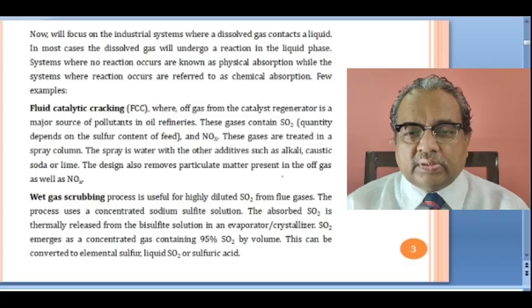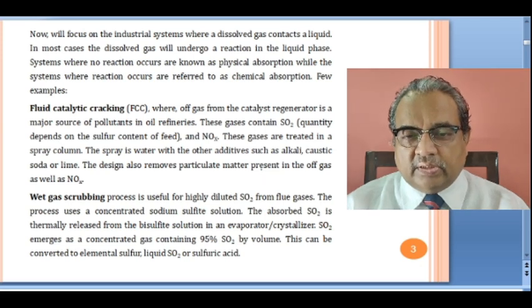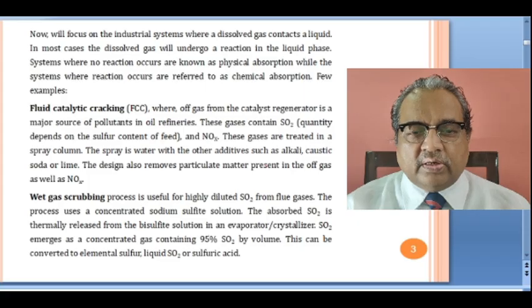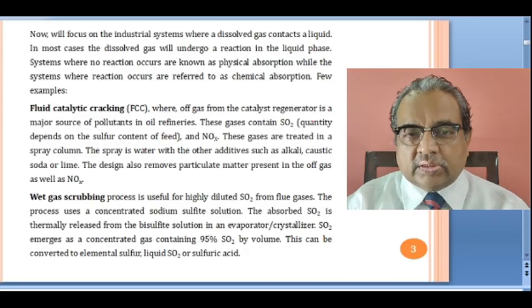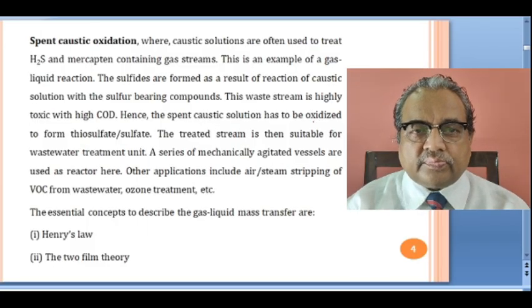The absorbed sulfur dioxide is thermally released from the bisulfate solution in an evaporator or crystallizer. This sulfur dioxide emerges as a concentrated gas containing about 95% sulfur dioxide by volume, and this can be converted to elemental sulfur, liquid sulfur dioxide, or sulfuric acid.